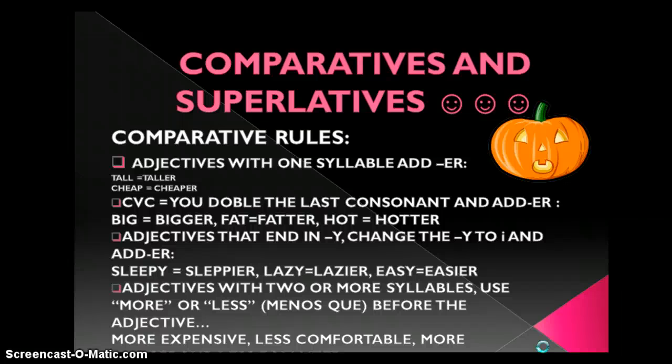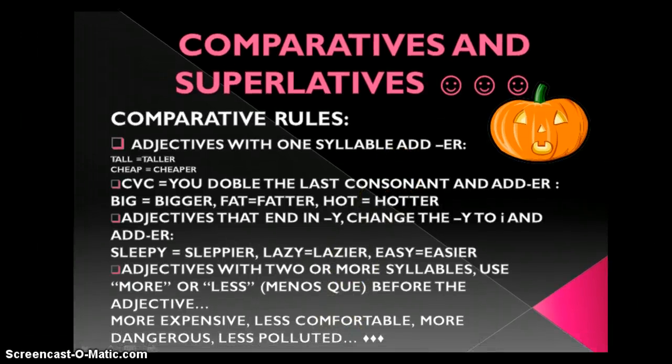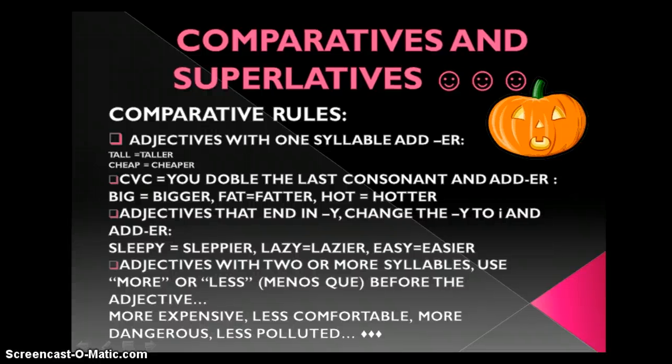The first one is about the comparative rules. Then you can have some examples about it. Let me see if I can just toggle the full screen. Yep, I did it. So here, for example, we can see how adjectives are formed.